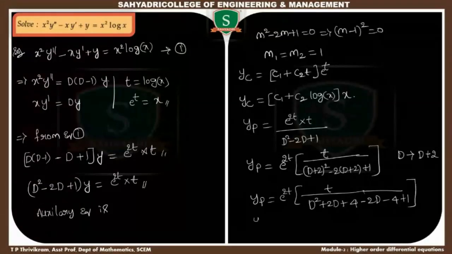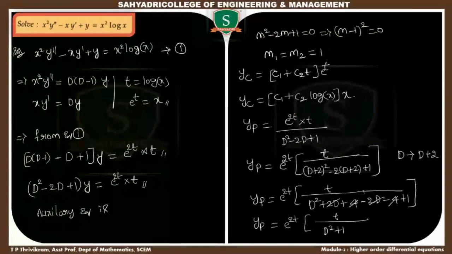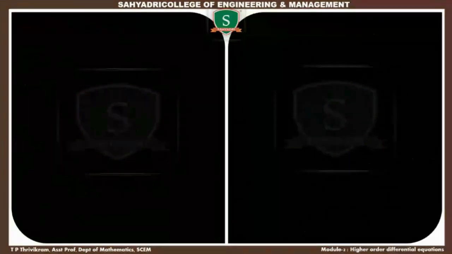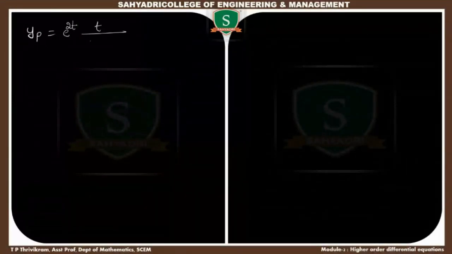So therefore yp is equal to e power 2t t divided by, 4 gets cancelled, D square plus 2D plus 1. So yp we got as e power 2t into t by D square plus 2D plus 1. So how to solve this?